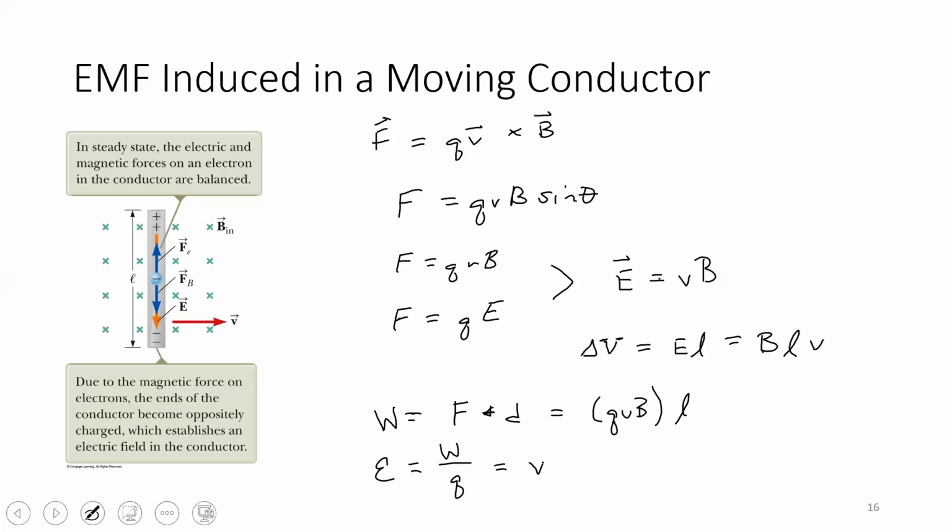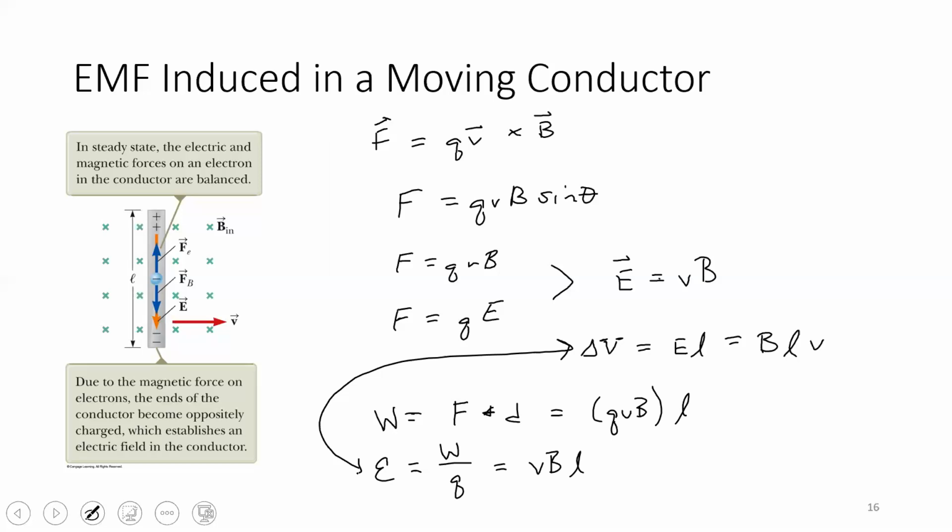In this case, we just divide out that charge Q and we get VBL. So our EMF and our change in potential, we're going to get the same relationship there. That's good that our equations are consistent.